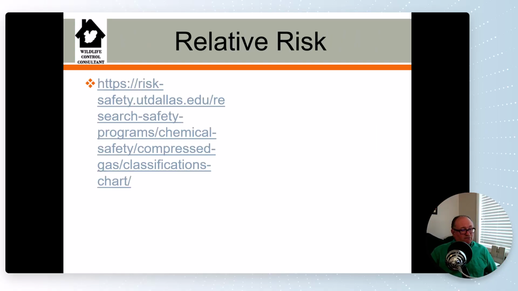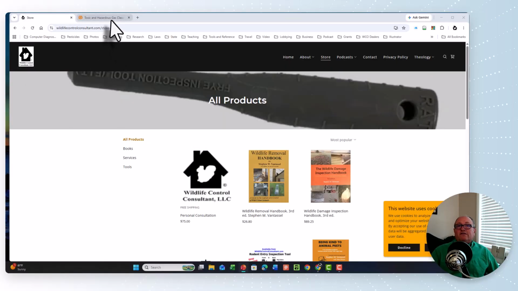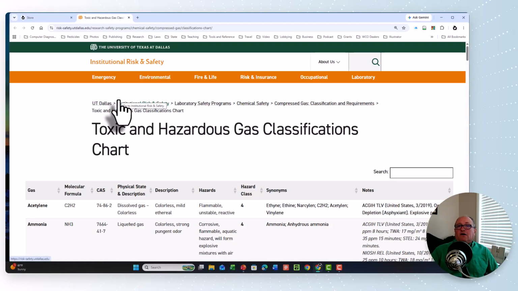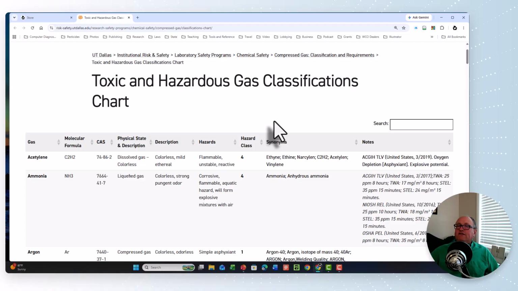So take a look at relative risk here. This is a website from the University of Texas at Dallas, and it has classifications on hazardous gases. I'm just trying to give you an idea of relative risk here.